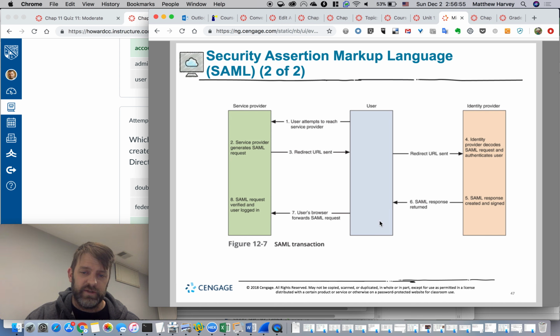Since this request is signed using Gmail's private key, the service provider can use Gmail's public key to verify it and prove that you really did log in successfully. So it's a way that a service provider can trust an identity provider to provide authentication and identification services for them, so you don't have to do it yourself.